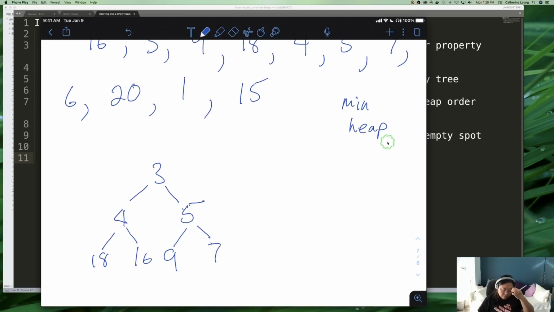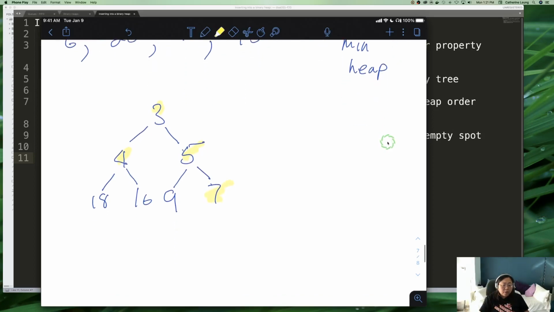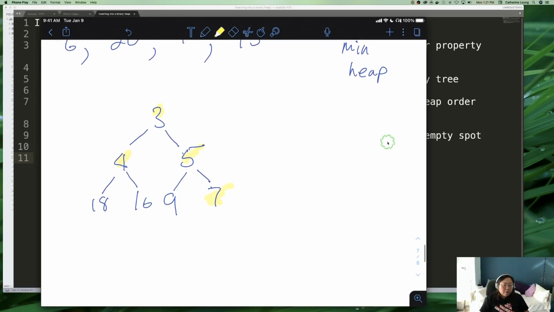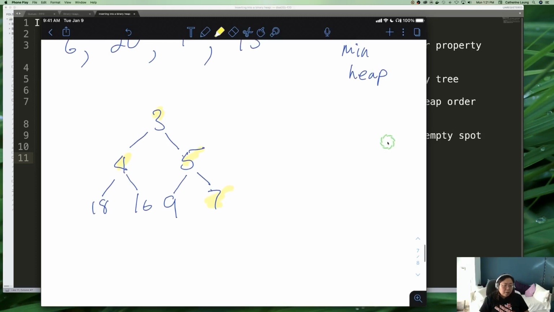You will notice, take a look at this diagram. The first highest priority is obviously at the root. The second is the 4. The third is the 5. The fourth is the 7. So in terms of where things are, 18 and 16 are significantly lower priority than 7 or 9, but it's all the same level.